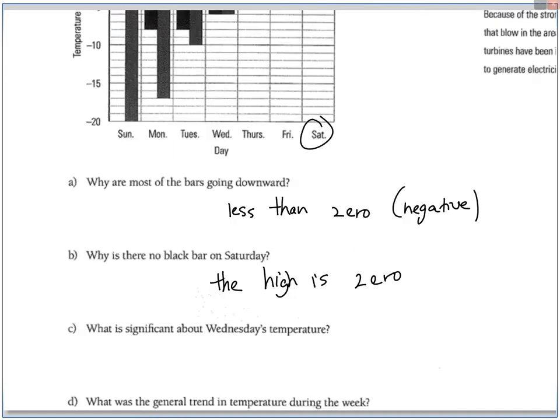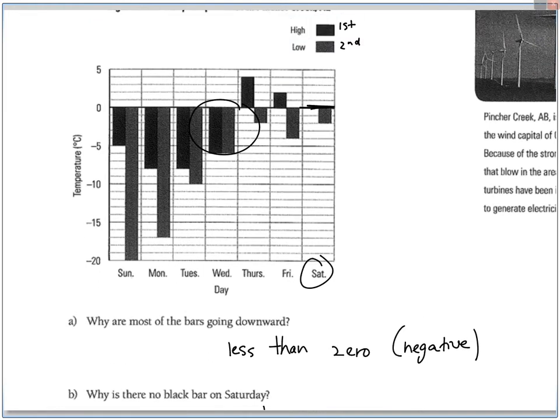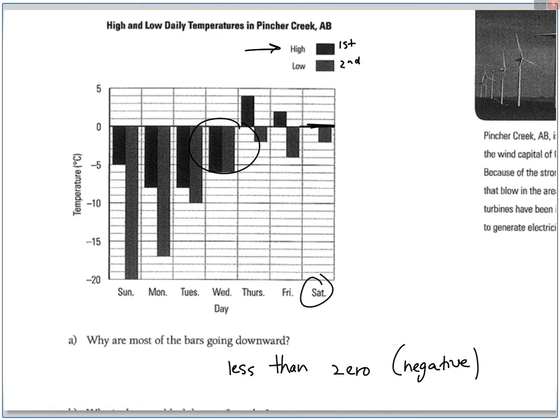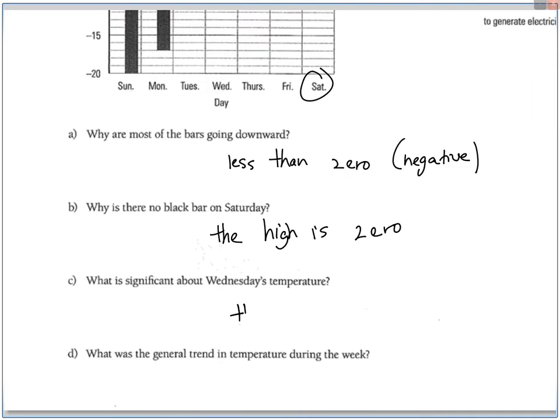What is significant about Wednesday? No, not the temperatures. What's the legend? The high and the low. So be specific. The high and the low are the same. And what's the general trend? So this question in C is very specific. It says what is significant about Wednesday?